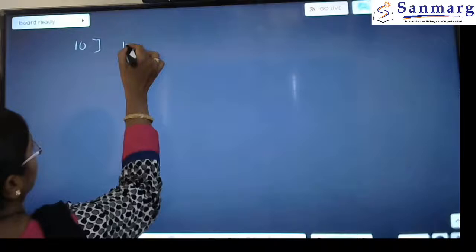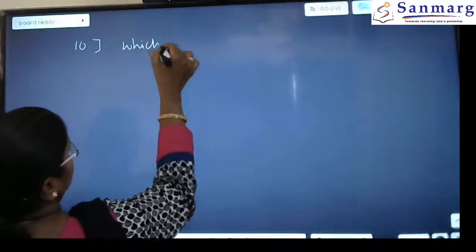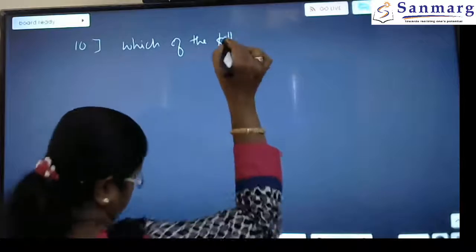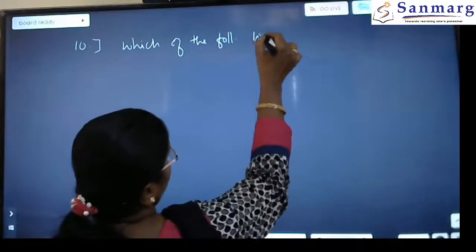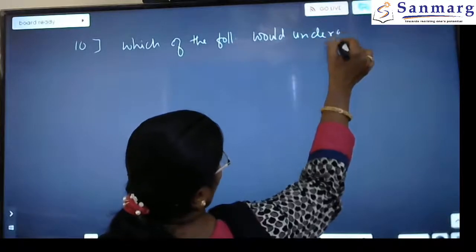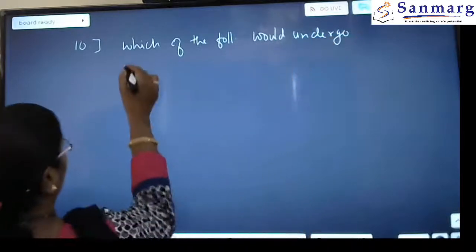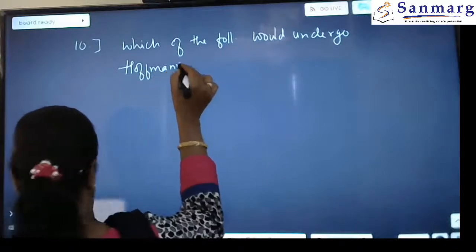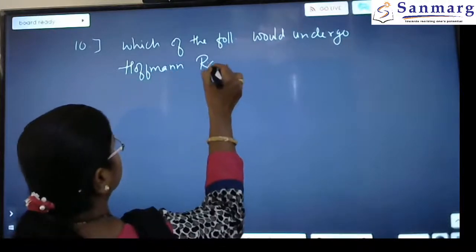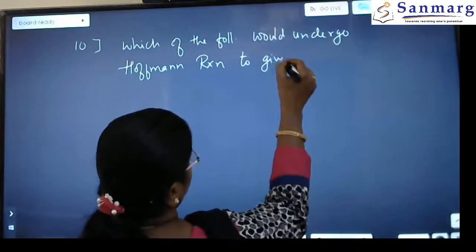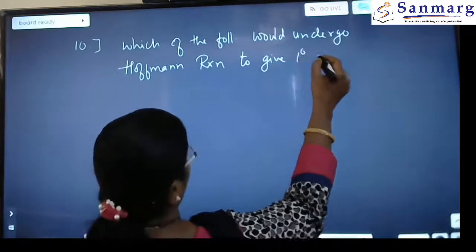Which of the following would undergo Hoffman reaction to give primary amine?